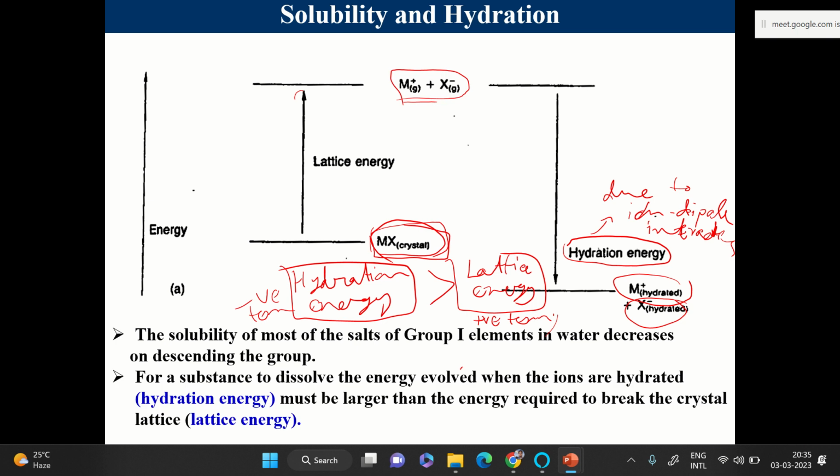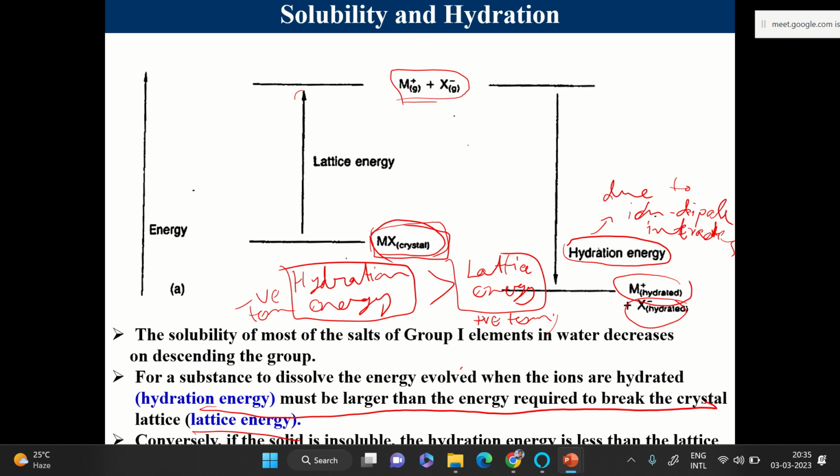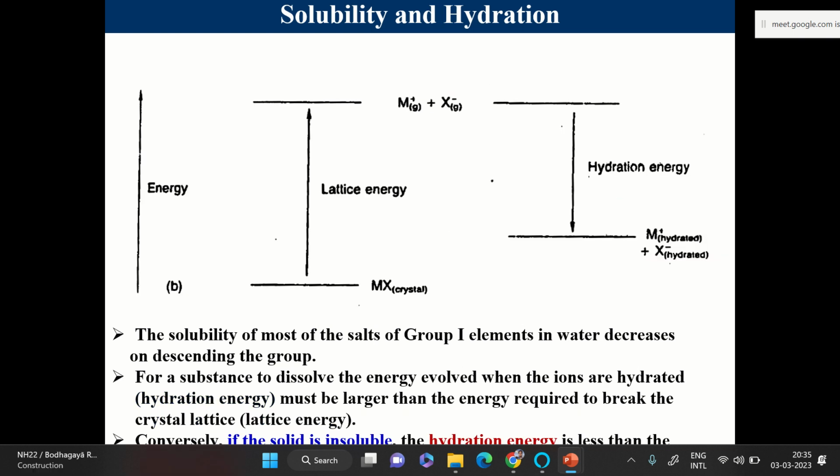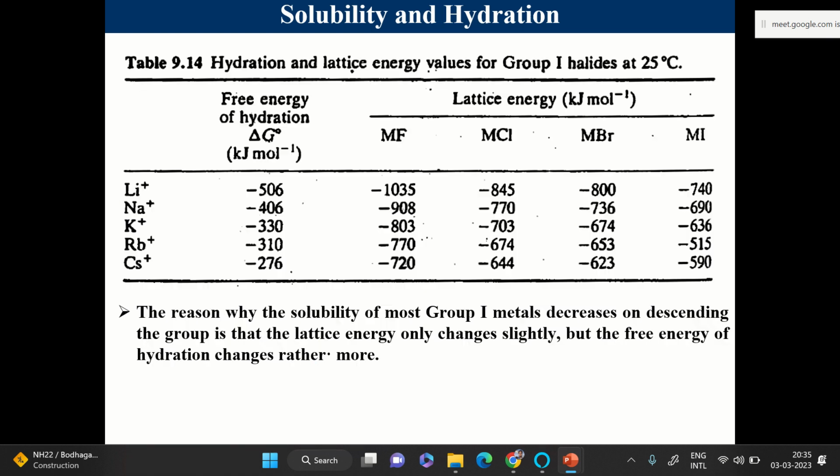So for a substance to dissolve, the hydration energy must be greater than the energy required to break the lattice. If hydration energy is more than this, it will always dissolve, but if it is less, then it will not dissolve. So if the hydration energy is less, the solid is insoluble.